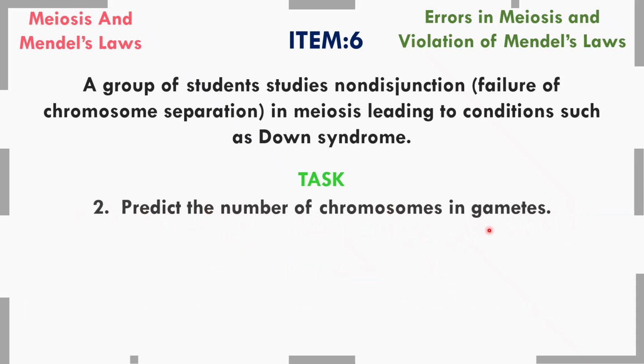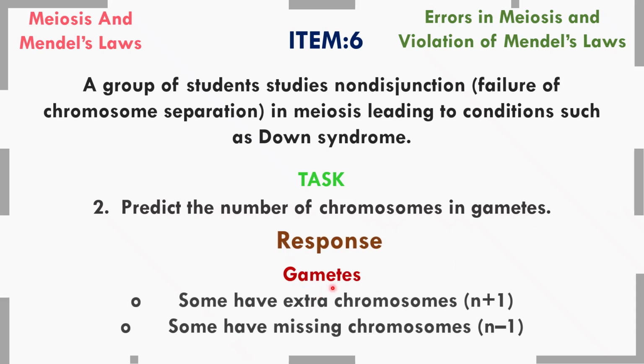Predict the number of chromosomes in gametes. Some gametes have an extra chromosome, n+1. Some have a missing chromosome, n-1.